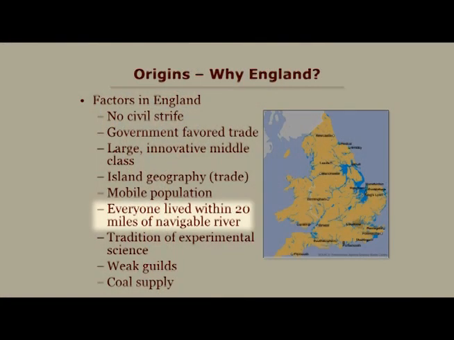In addition to that, there was insufficient land to employ all of the people in England, and therefore the working class also became very mobile, and they are the ones who moved to the cities and went to work in the factories. In addition to that, everyone in England lived within 20 miles of a navigable river.